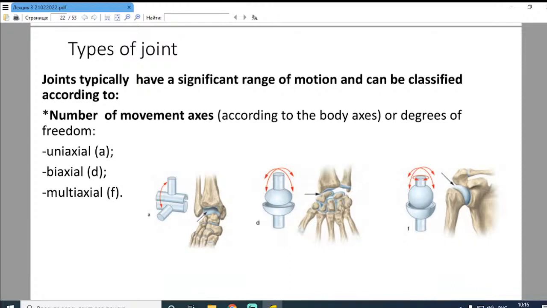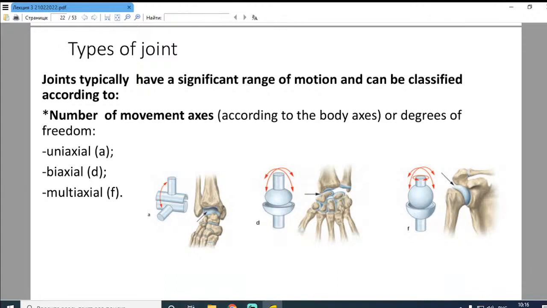First, uniaxial, this is the ankle joint, and biaxial joint, the wrist joint, and multiaxial, you see the shoulder joint. This is three types.